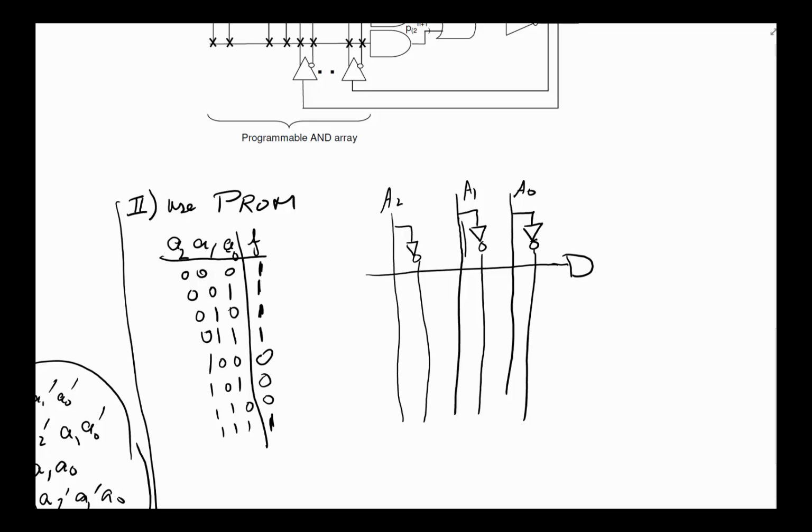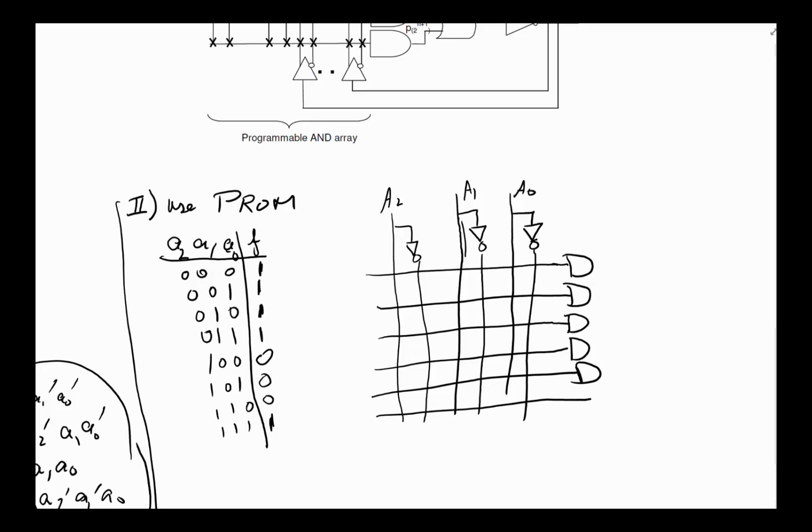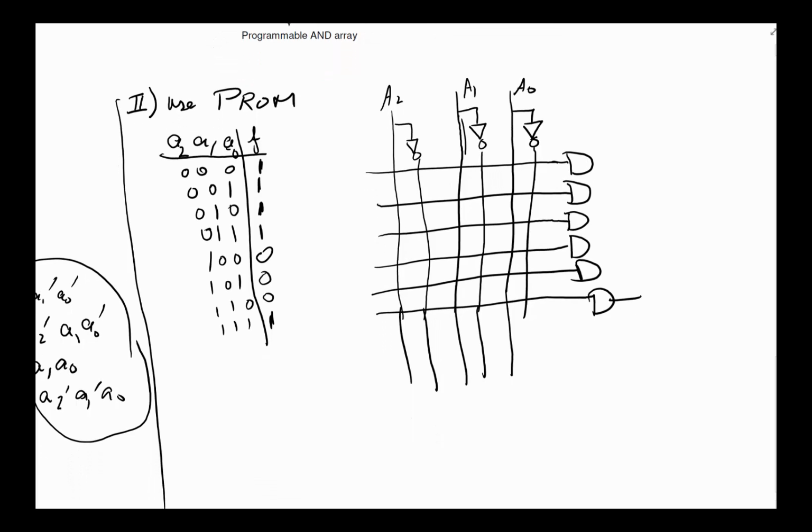So since I have 3 inputs, I'm going to have 8 minterms, right? So I'll just draw the whole thing, because I want to make sure you see that it's got all the minterms going through it. And they are fixed at the factory, so we have no control over changing them. So we've got 1, 2, 3, 4, 5, 6, 7, and 8.